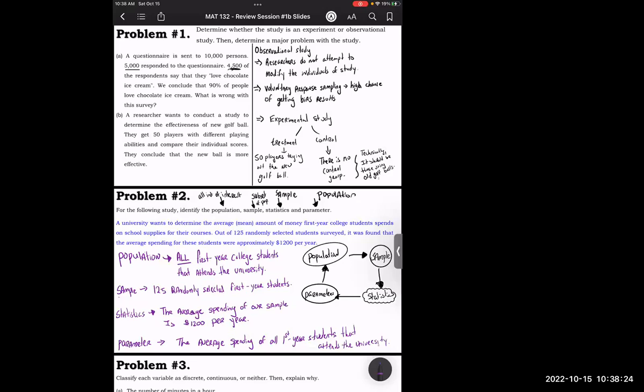So again, we don't have a precise numerical value for the parameter. But later down the road in this course, you will. You definitely will find something to make a general statement regarding this parameter. Any questions here with problem 2?